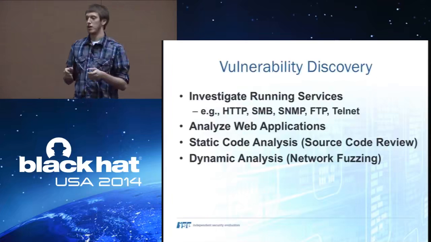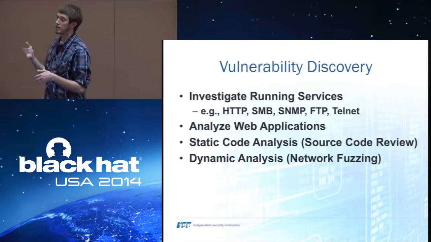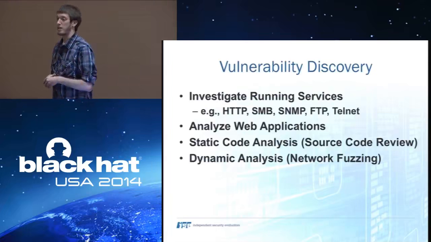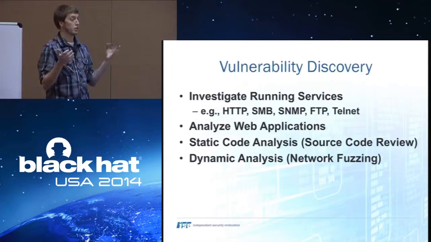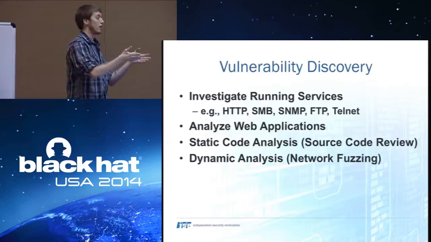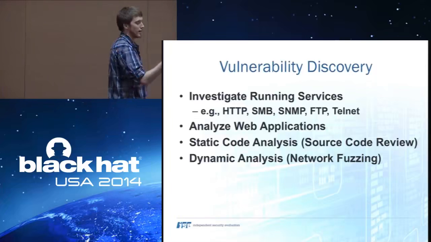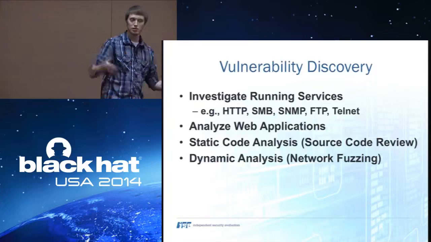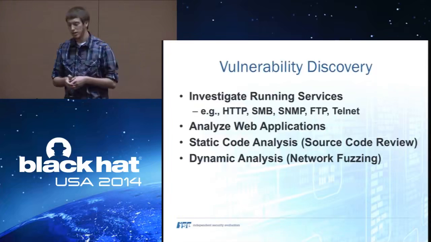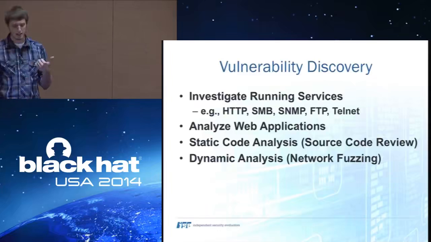I can't stress this enough: if source code is available, get it. You'll be amazed at the types of things that you'll find. You could start looking through the source code and realize that they perform authentication checks on 9 out of 10 pages, but page number 10 you can access without authentication. It's great.